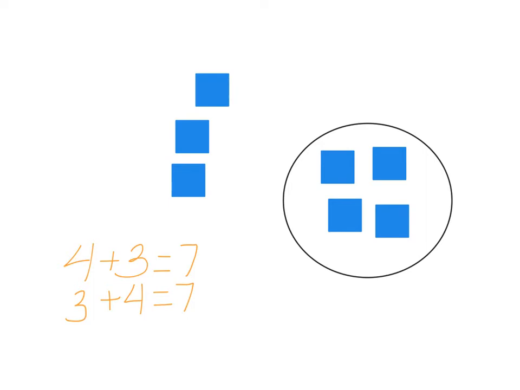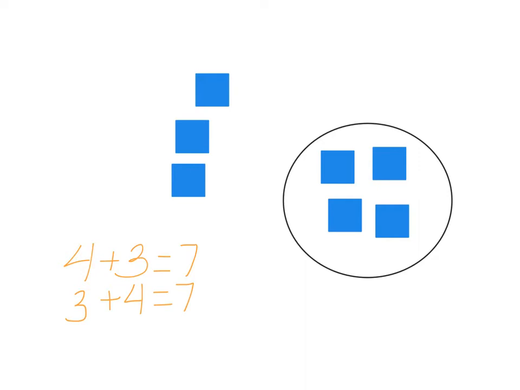So how does this addition or these addition facts show Gina's model? Well, the addition facts show the two parts added together to make the whole. The number of tiles inside the circle and the number of tiles outside the circle are parts. The total number of tiles is the whole.